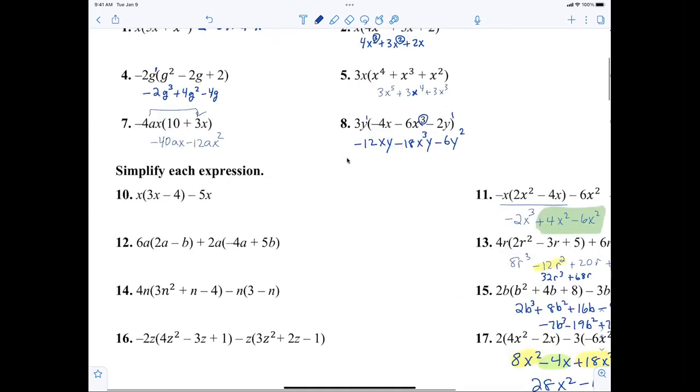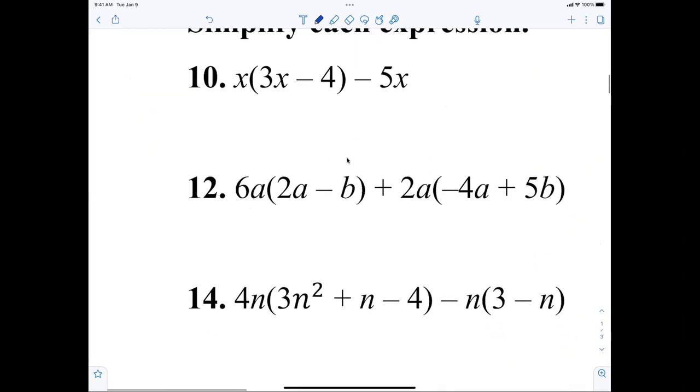Number 10, here we go. Distribute for me. So it's 3x to the second, good, minus 4x, good, minus 7, good. Now we get to combine terms. You with me?